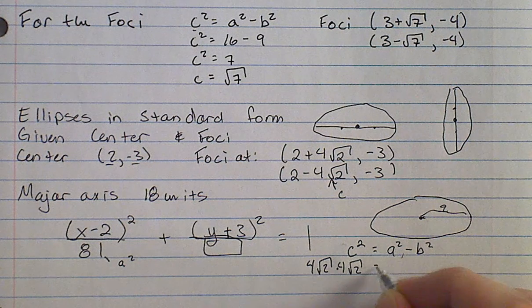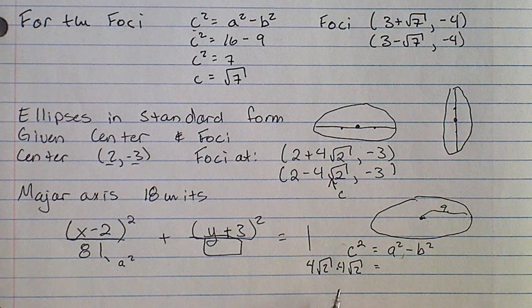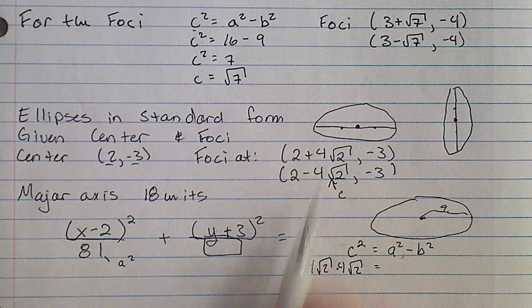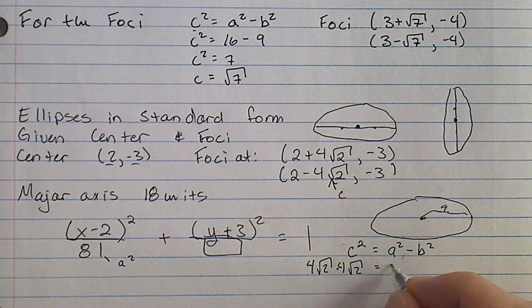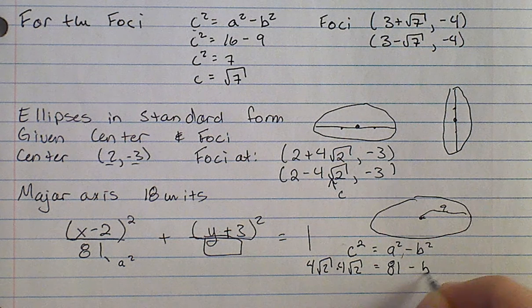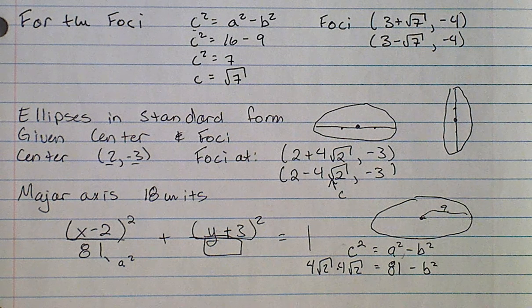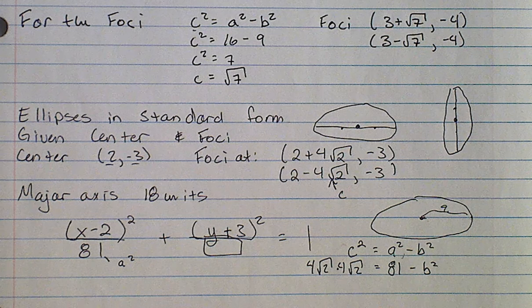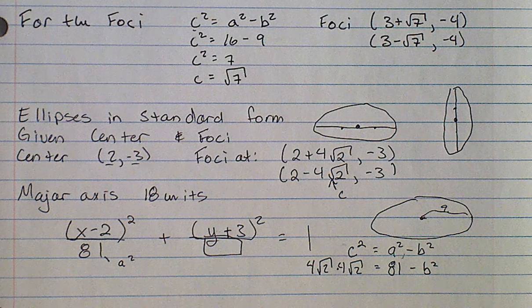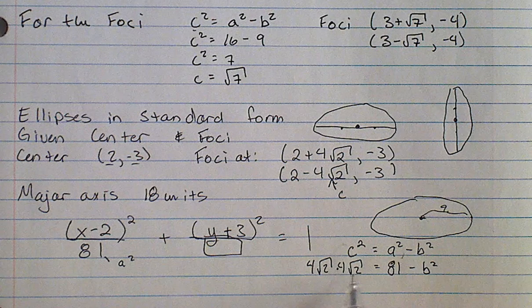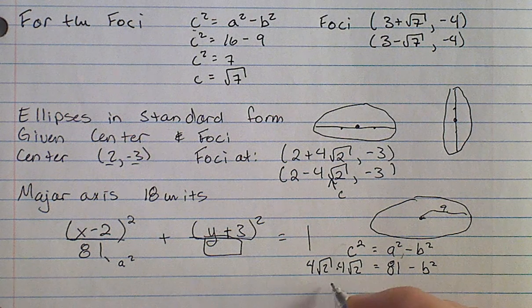So I'm going to write c squared under c squared. And since c is 4 radical 2, that's 4 radical 2 times 4 radical 2. A squared is 81. And then you need to find out what b squared is, because that's what's unknown. That's the last number you need in order to have this in standard form. So 4 radical 2 times 4 radical 2 is going to be 16 times radical 4, which is 32.